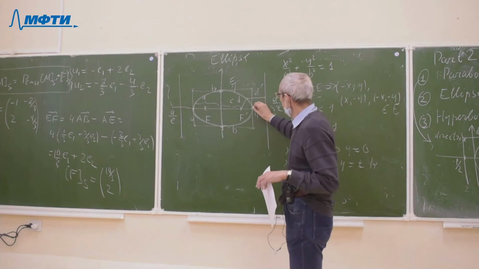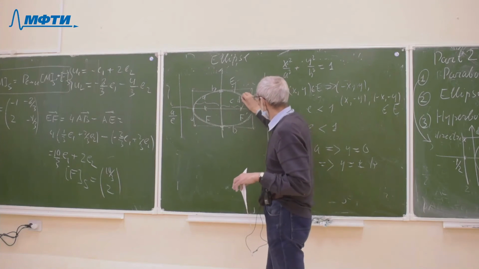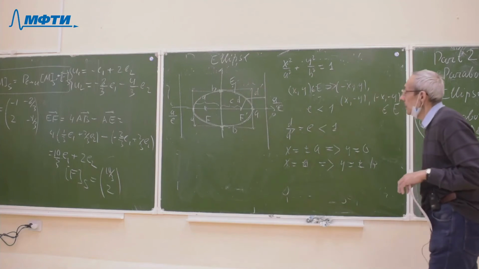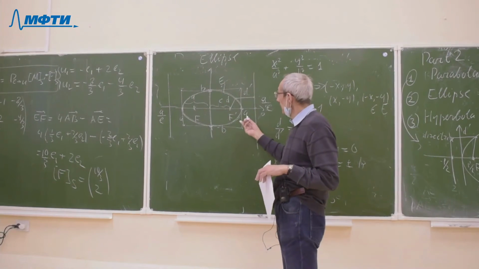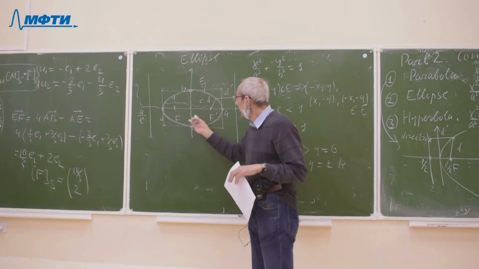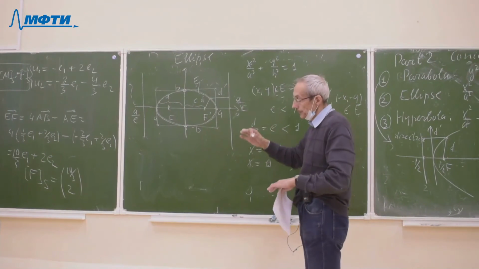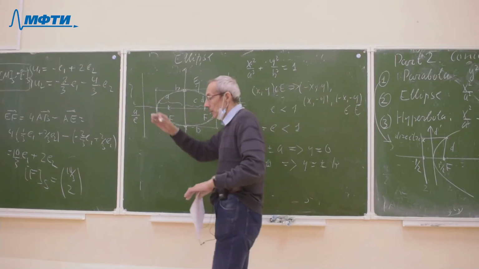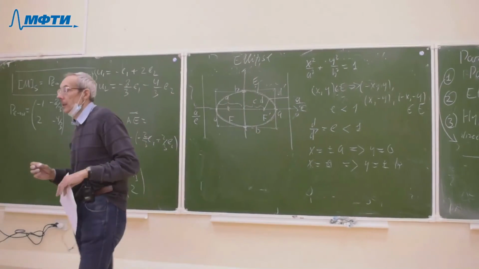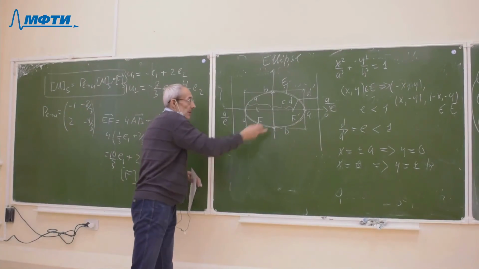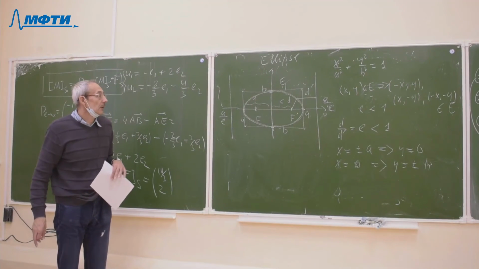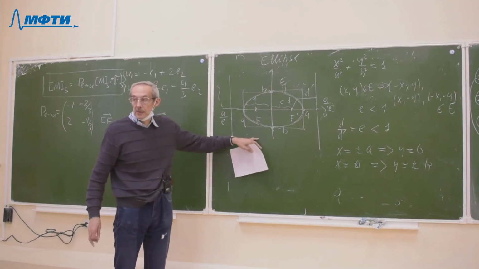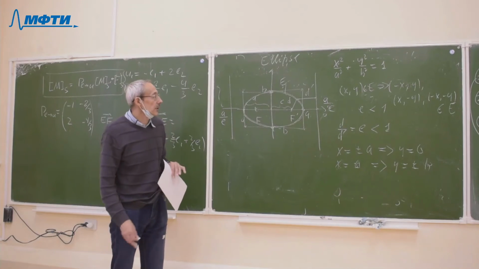This ratio is fixed, and the locus of this moving point is called an ellipse. And the ellipse has the following form, it is a circle which is shifted in the direction of the coordinate xy.